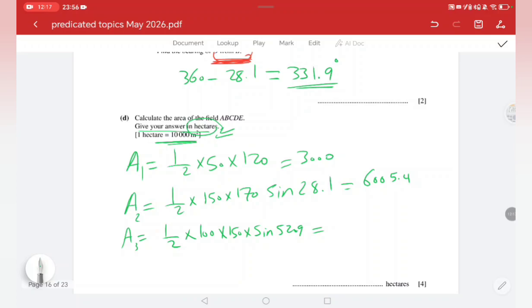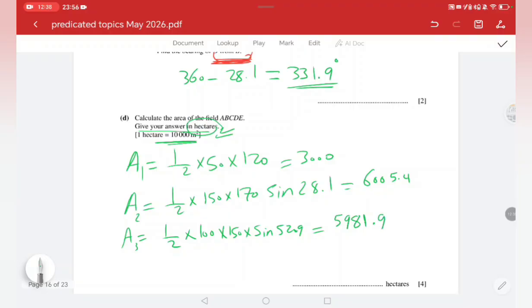Then 1/2 times 100 times 150 sine 52.9, so this one is 5,981.9.